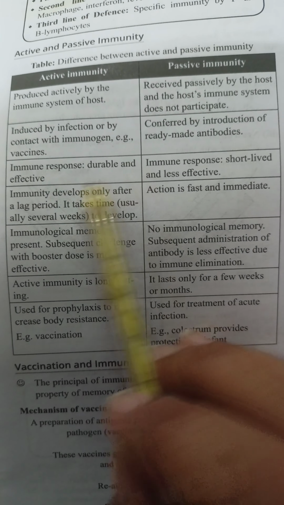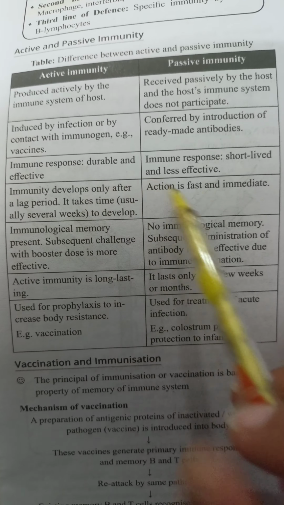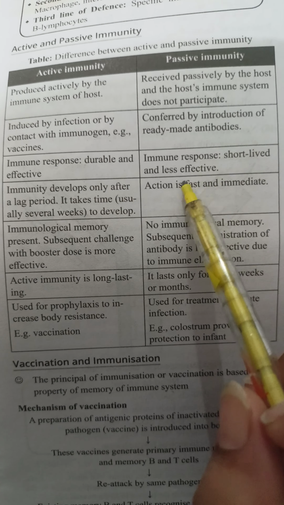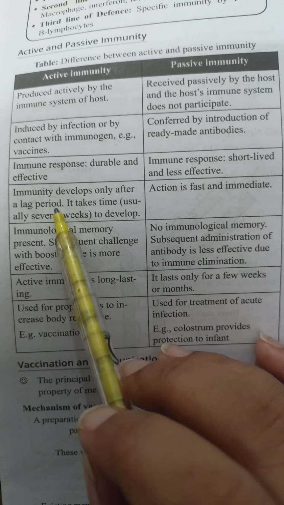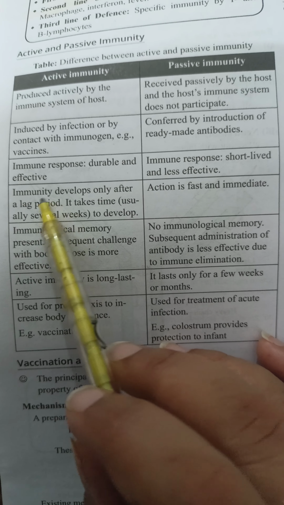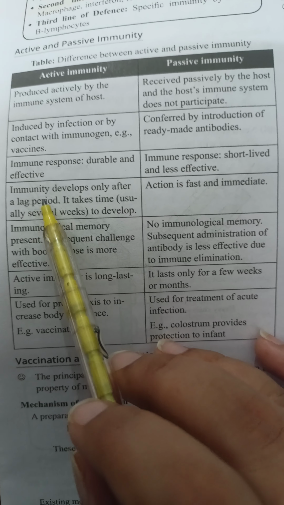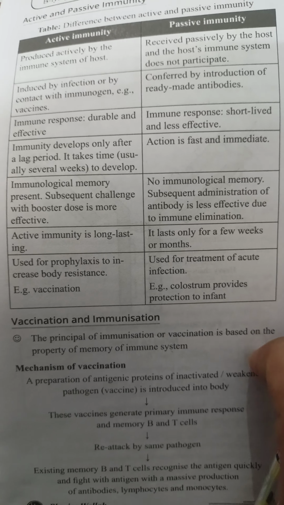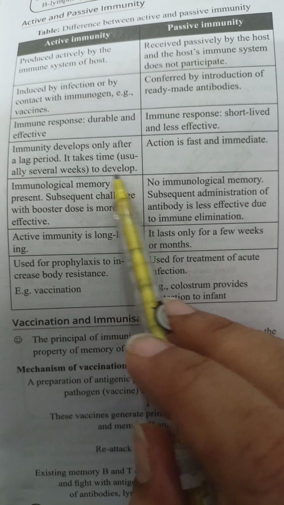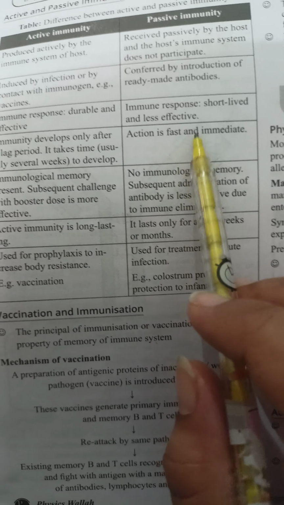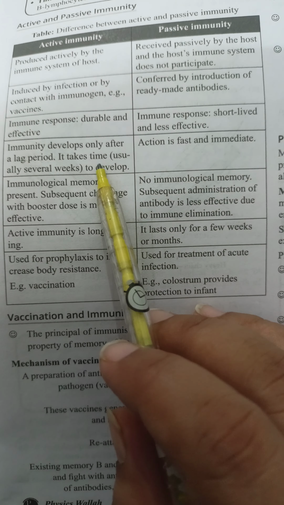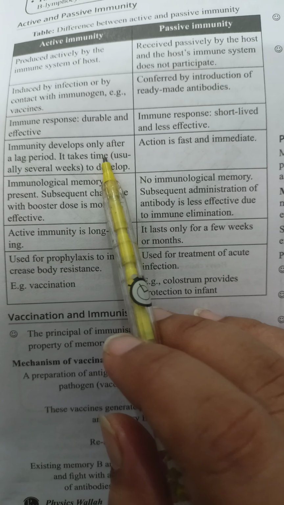Immune response is durable and effective in case of active immunity, and in passive immunity it is short-lived and less effective. Basically, active immunity develops only after a lag period. The lag period is the period in which the microorganisms grow, and it takes several weeks to develop. In passive immunity, action is fast. What is a vaccine?